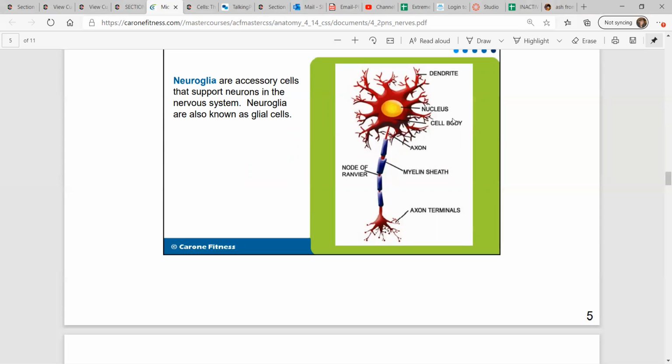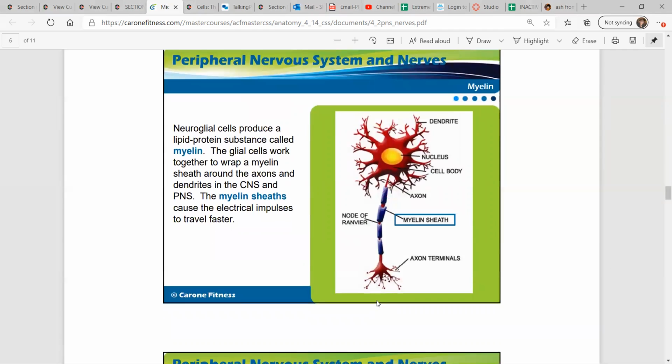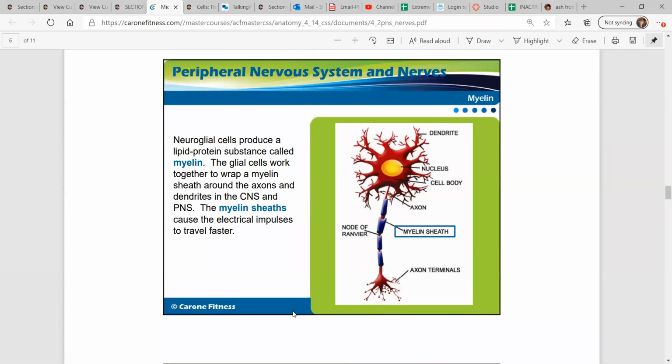But here we get another picture of the neuron, the cell body, the dendrites sending electrical impulses towards the cell body, axons sending them away. And these glial cells, the neuroglial cells, glial is like a shortened form of this, right?